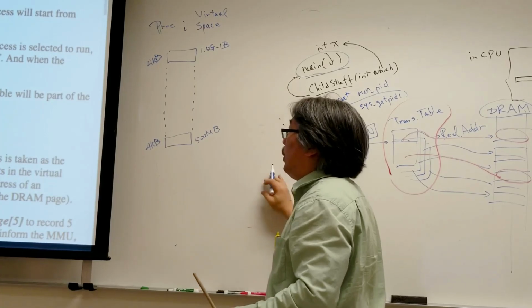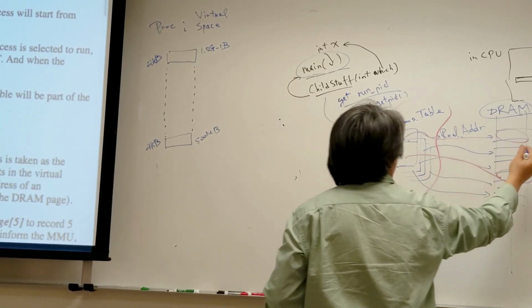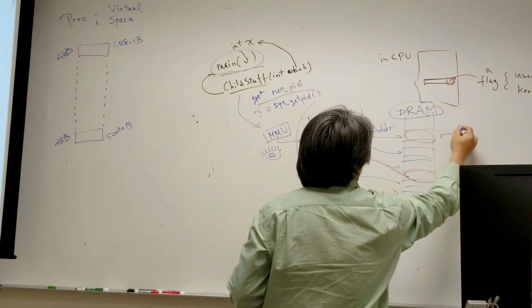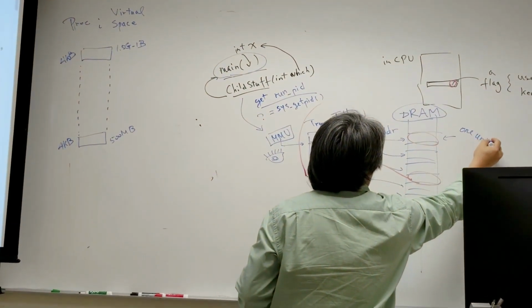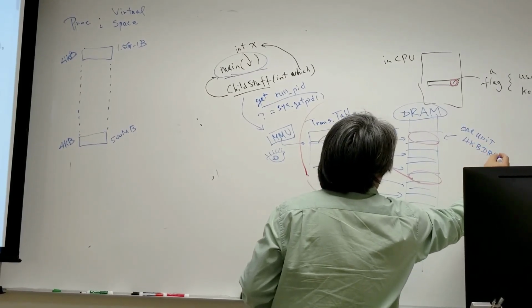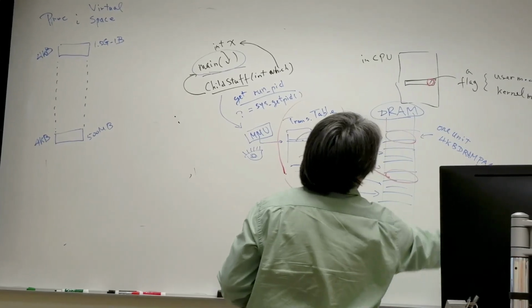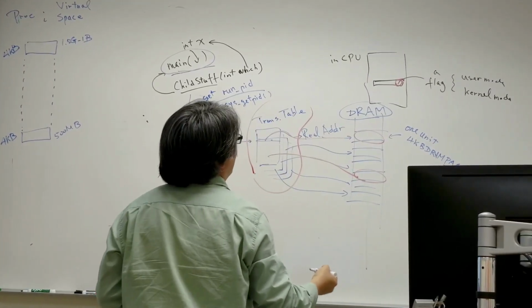What we're going to do is use DRAM in units of 4K bytes as one page. So that is what we call the paging system. This is called a paging system.